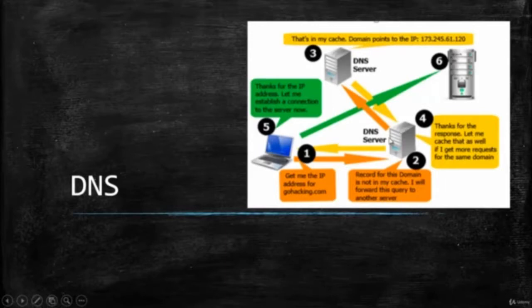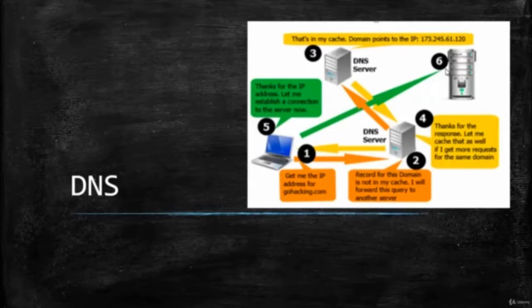When this server receives the response, it says thanks for the response, let me cache that as well in case I get more requests for the same domain. And the client tries to establish a connection with the server. So thanks for the IP address, let me establish a connection to the server now. And this laptop received the response from the server. So this is the scenario of how DNS works.